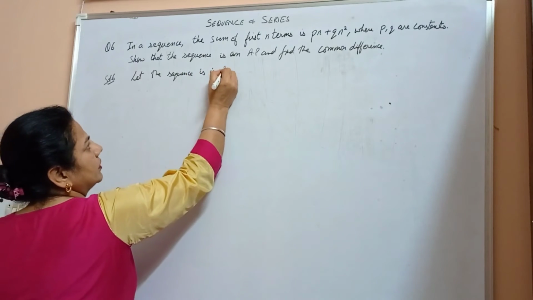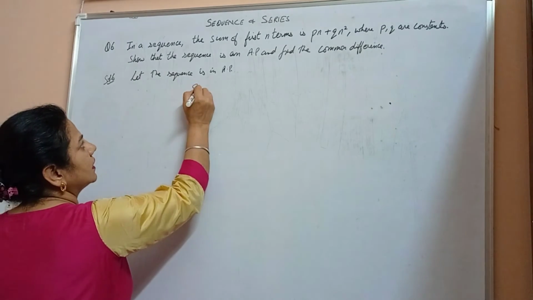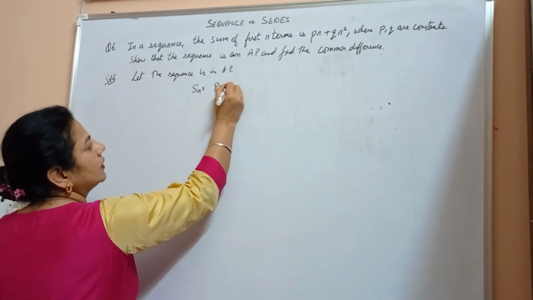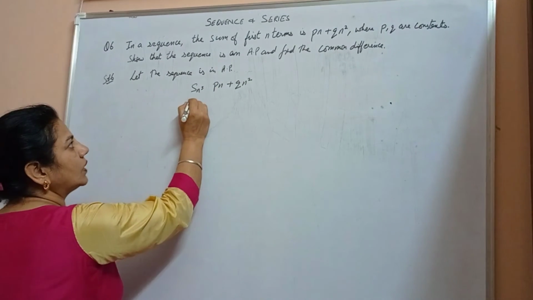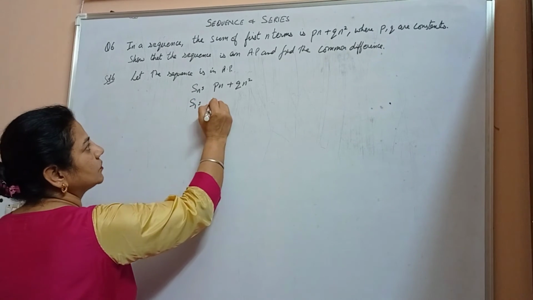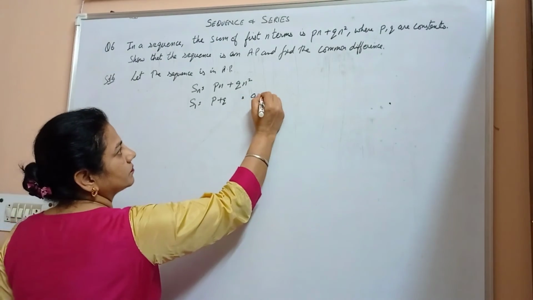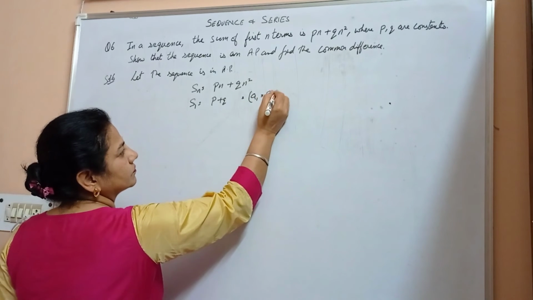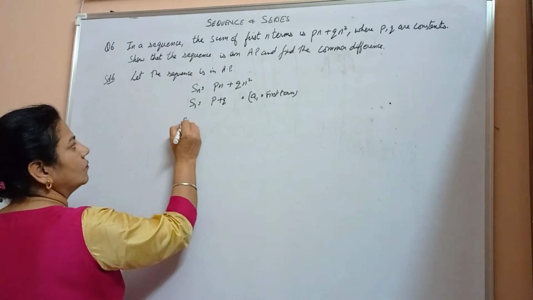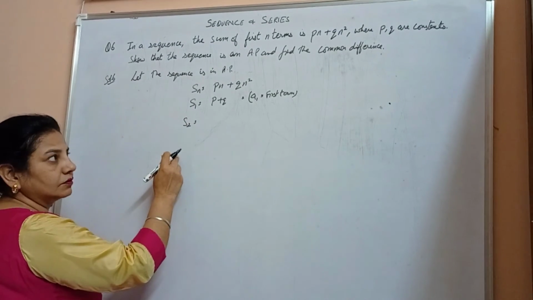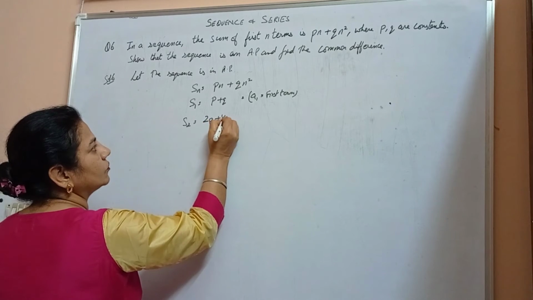Then the sum of the first n terms of an AP is Sn equal to Pn plus Qn square. If n is equal to 1, we calculate the first term, which is equal to P plus Q. For n is equal to 2, the sum of two terms will be 2P plus 4Q.